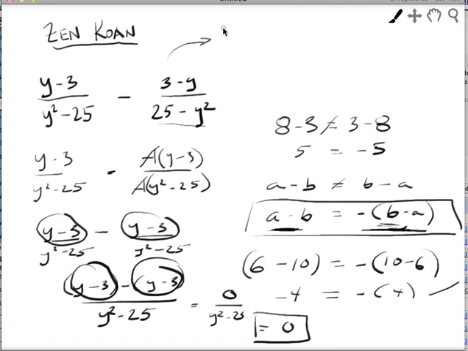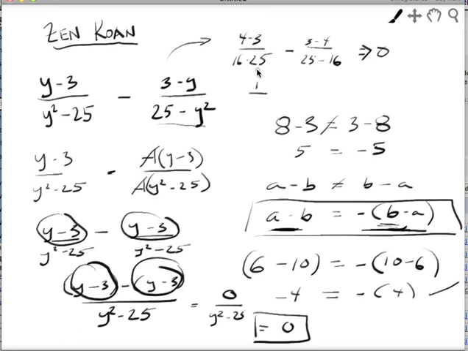Let's let y equal, how about 4? So we have 4 minus 3 on top, and then we have 4 squared, which is 16, minus 25 on the bottom. And we're going to subtract 3 minus 4 on the top, and then 25 minus 4 squared, or 16, on the bottom. And we claim that this is going to go naturally to 0. This is 4 minus 3 on the top, which is 1.